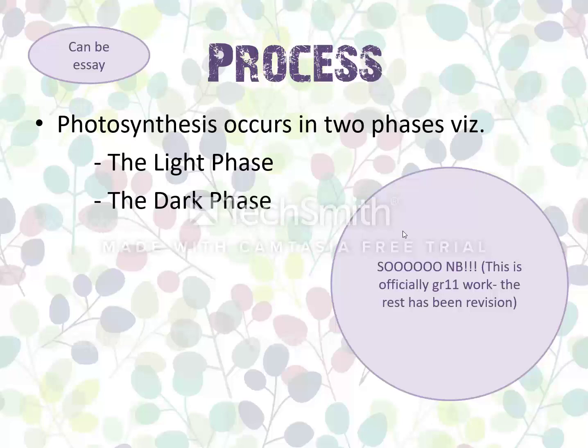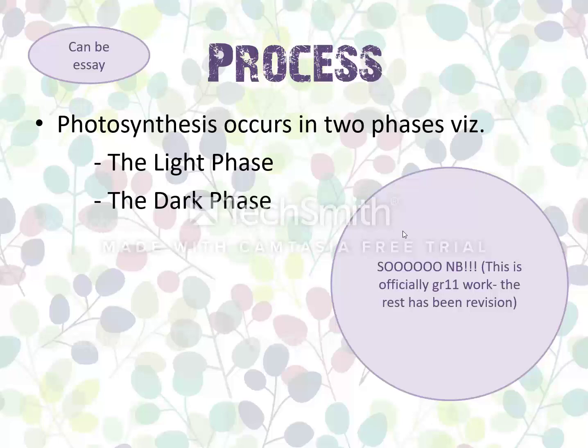Oh, before I move on. We call the one phase the light phase and the other phase the dark phase. Please, please understand: that does not mean that one happens in light and the other happens in the dark.